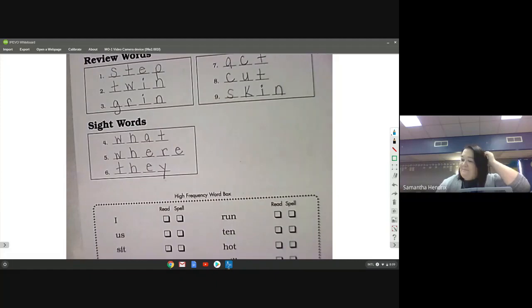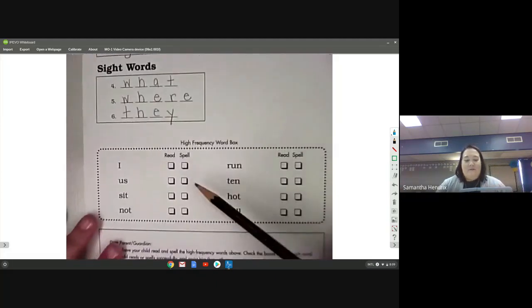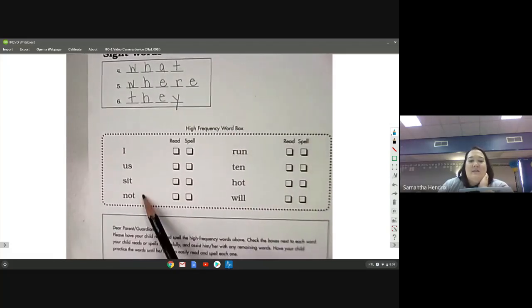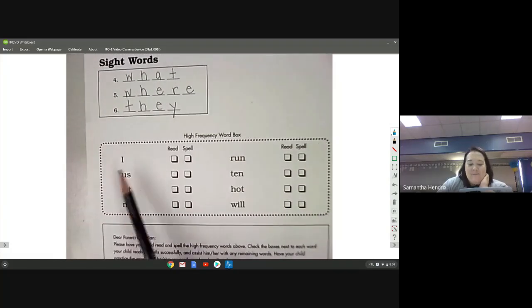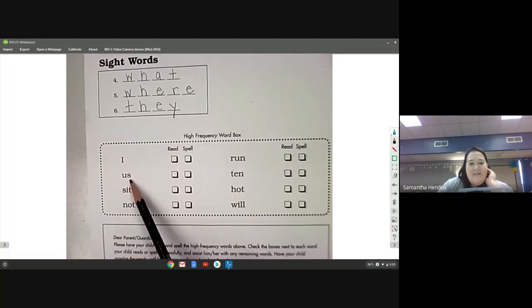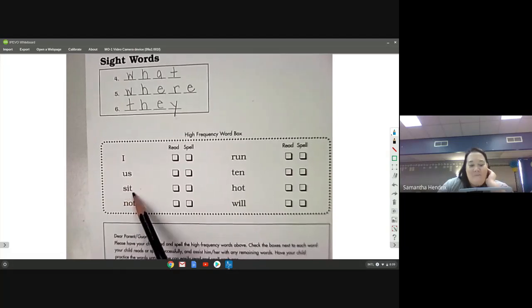Okay. So let's look. Let's read these real quick. Remember, we're going to read these and then spell these. You practice and then do this for somebody at your house, okay? I, we just spell that I. Us, U-S. Sit, S-I-T.